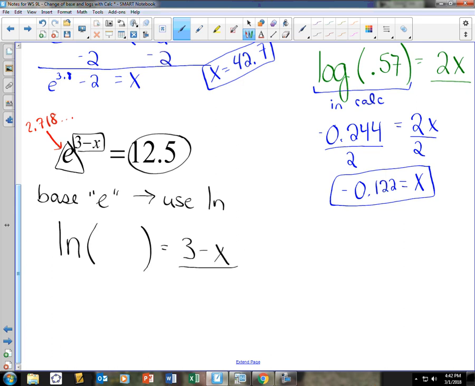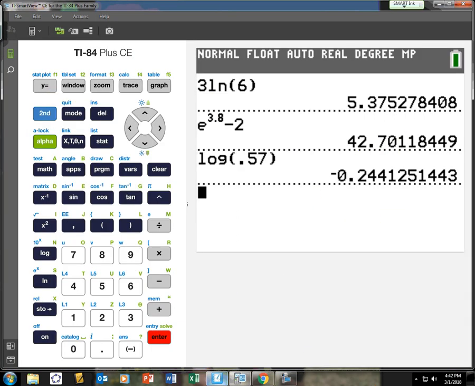The log of 12.5 equals 3 minus x. And we can do this in our calculator, right? This is something we can put into our calculator. Natural log of 12.5.